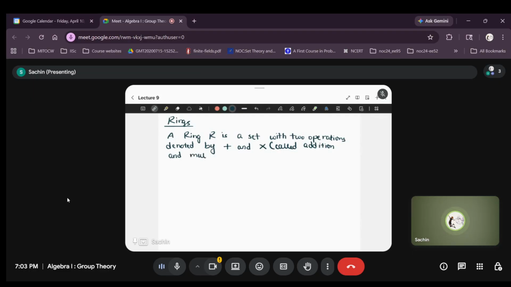Sometimes a binary operation does not have to be closed. You don't have to define it such that it is closed. In that case, the closure property for addition and multiplication has to be mentioned separately as one of the required properties. And we call these operations addition and multiplication.